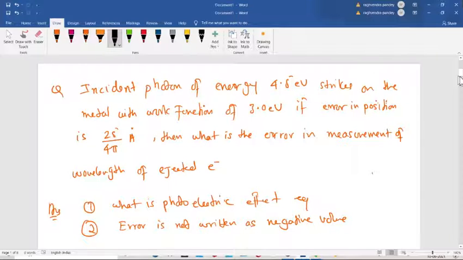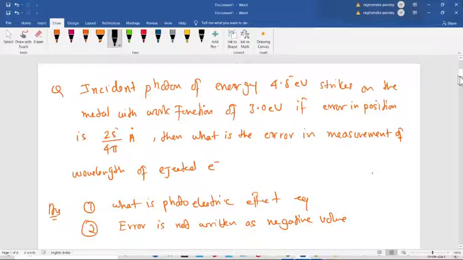What is the error in velocity measurement? Suppose this is a question. I just made the question. I have not taken it from anywhere.